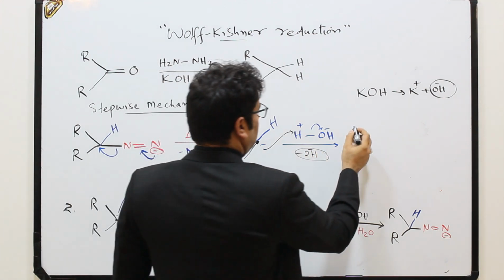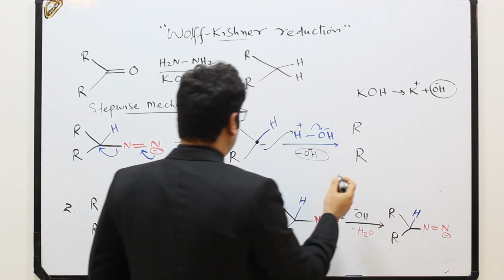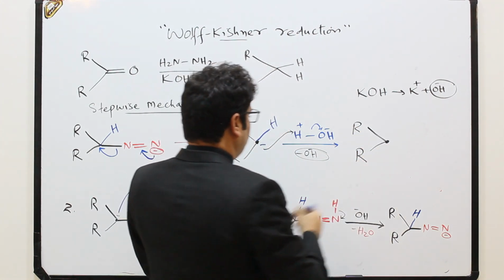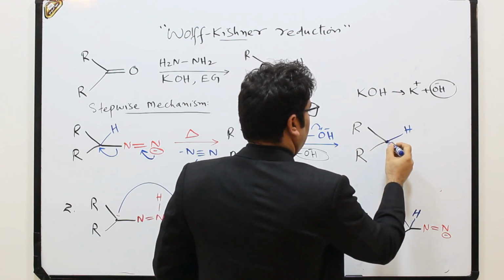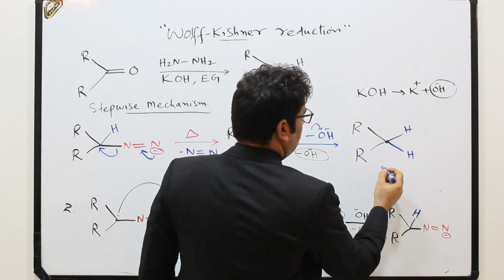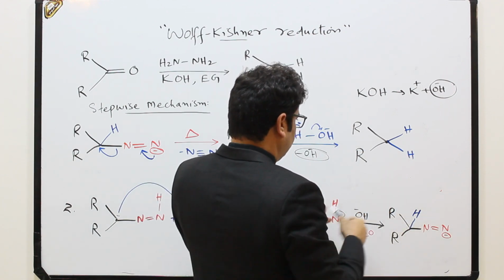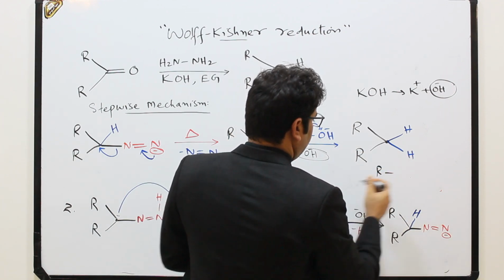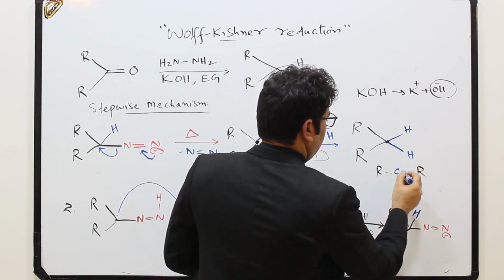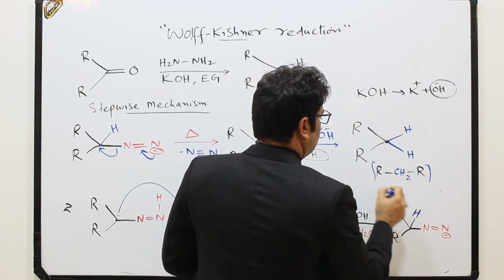So what will be the result? This will be the final compound. We have H here, here will be another H, because this carbon is attacking on this, so we can write it like this also, R CH2. This is an alkene.